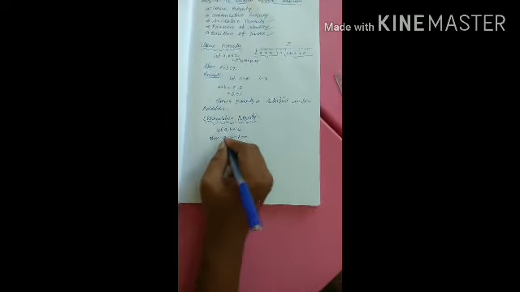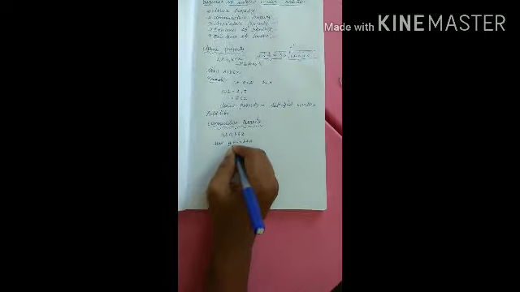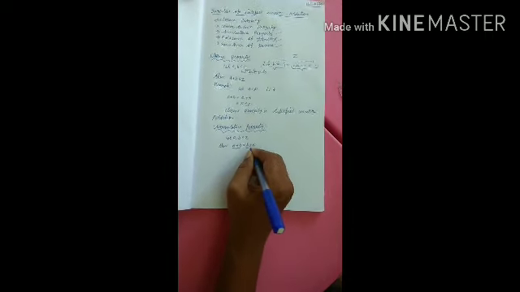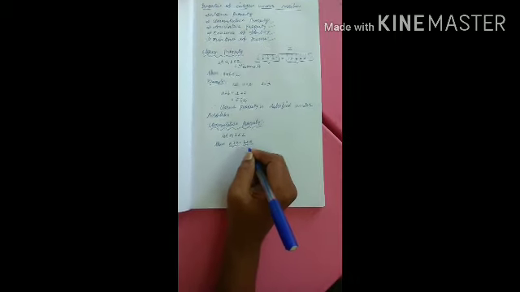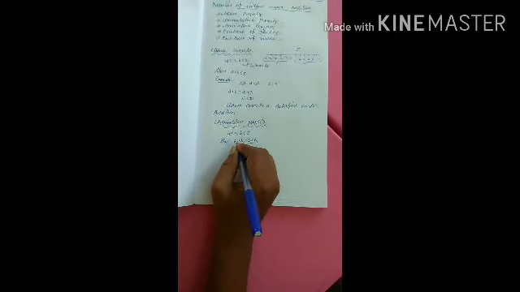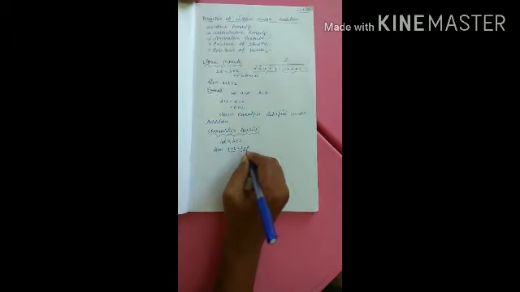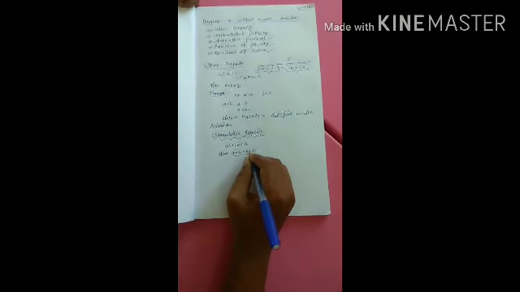That is, the sum of these 2 integers is always equal to b plus a. This is the condition for commutative property.